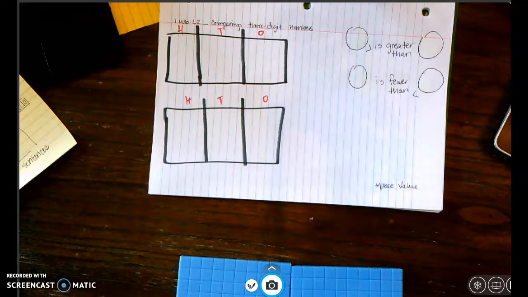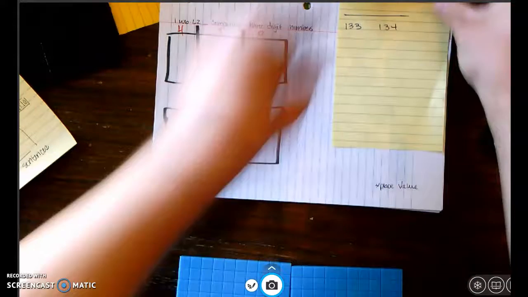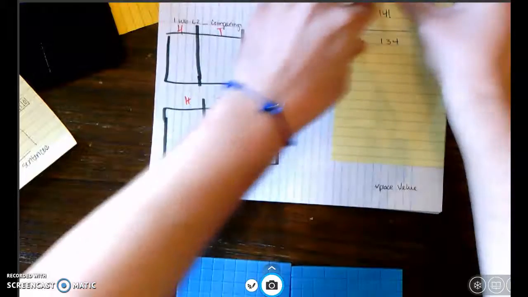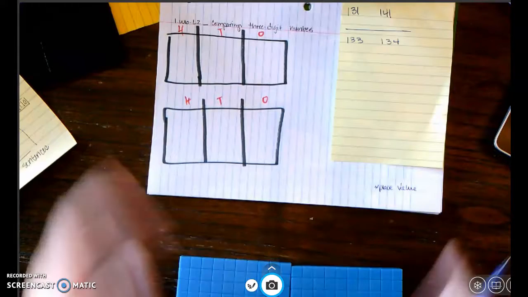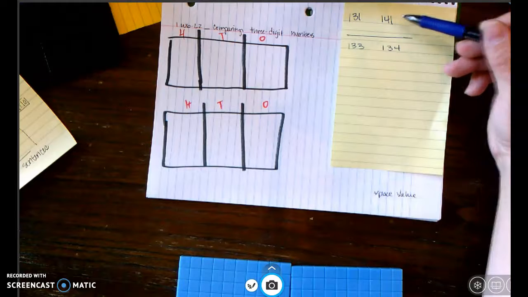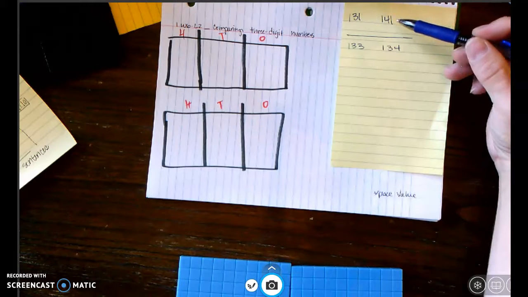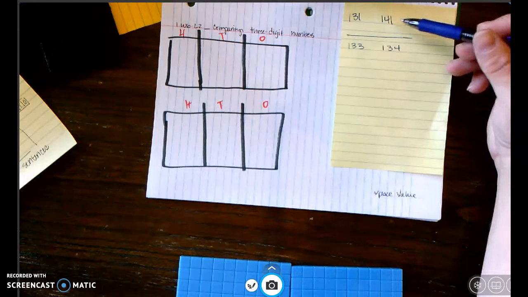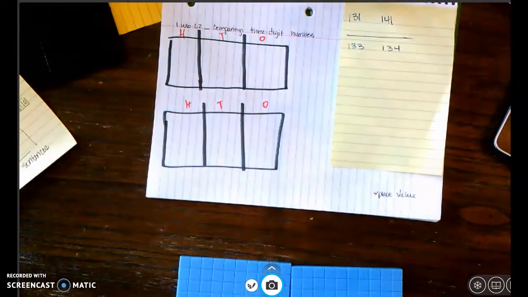Alright, so what we're doing today is comparing those three-digit numbers, right? So let's go ahead and look at this. I'm going to first compare 141 and 131. I'm not going to decide how I'm going to compare it. We're just going to work it out. So as always, if we're working with numbers, 3 digits, 2 digits, 1, the first thing we want to do is go ahead and diagram them on our place value chart.